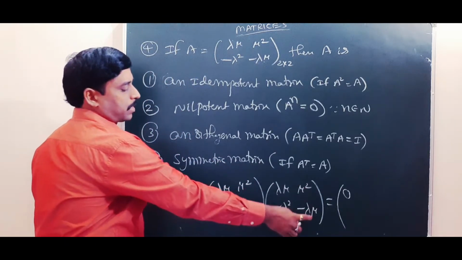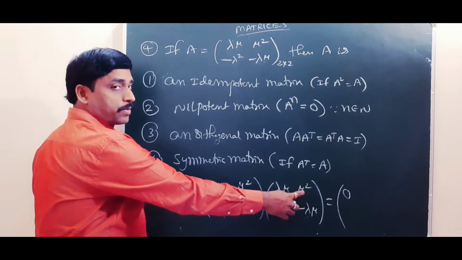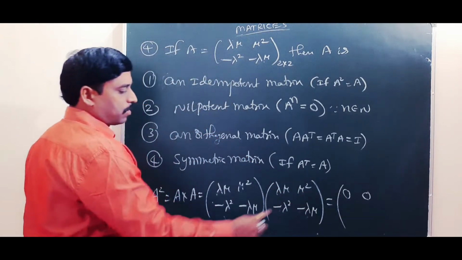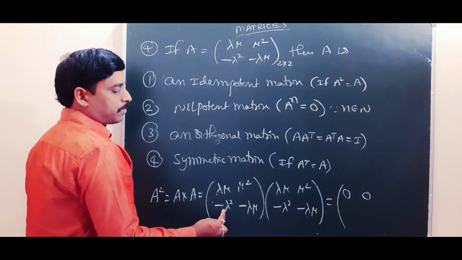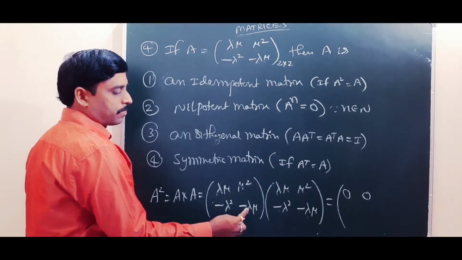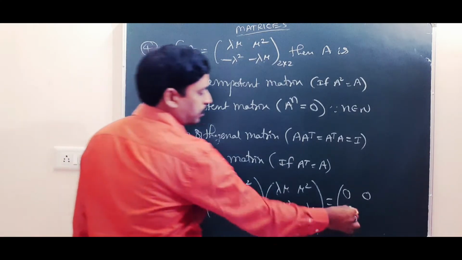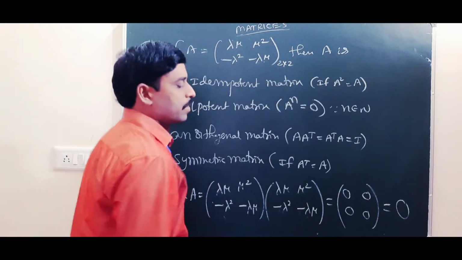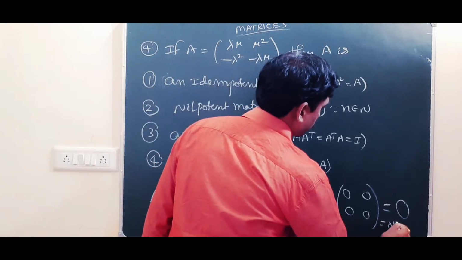First row with the second column: lambda mu cube minus lambda mu cube, which is 0. Second row, first column: minus lambda cube mu plus lambda cube mu, 0. The next value will also be 0. This is a null matrix. The output is a null matrix.